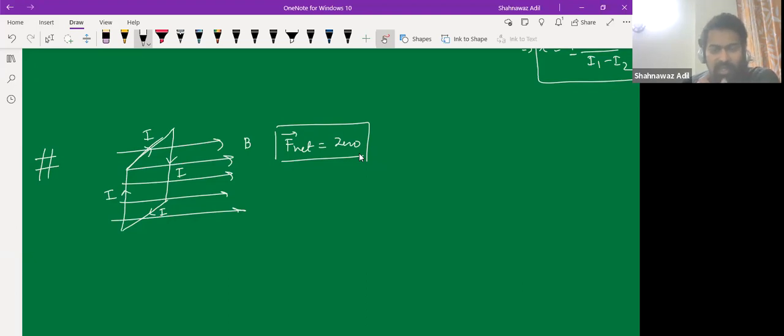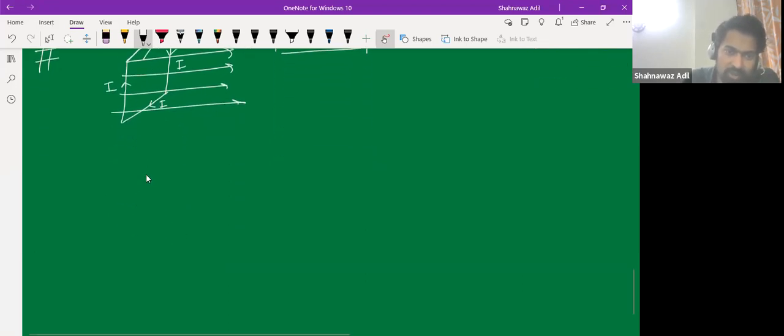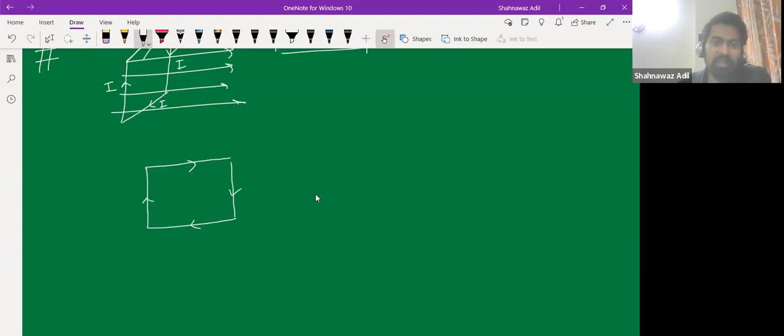But this creates a net rotating effect. So for this loop, we calculate the net magnetic dipole moment.